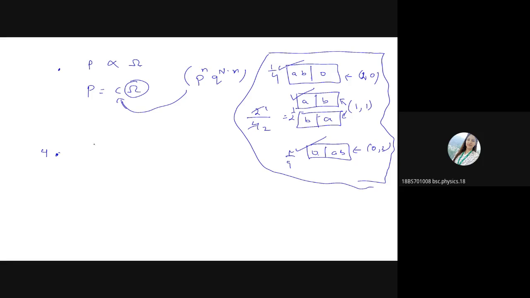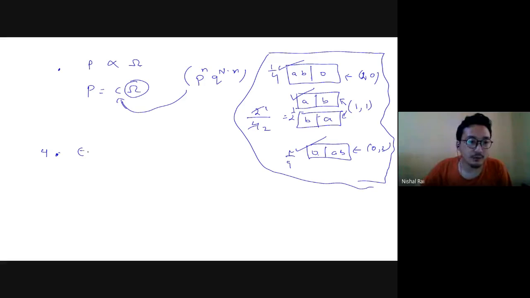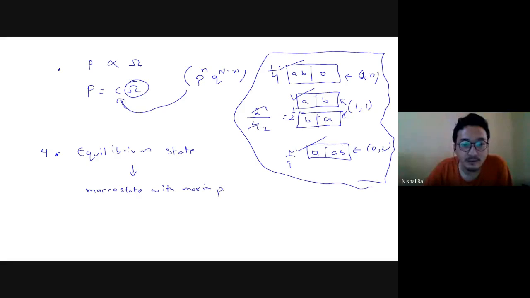Yes, sir. Now we consider the equilibrium state. So what do you mean by the equilibrium state? The equilibrium state in statistical mechanics is basically considered as a macrostate with maximum probability.